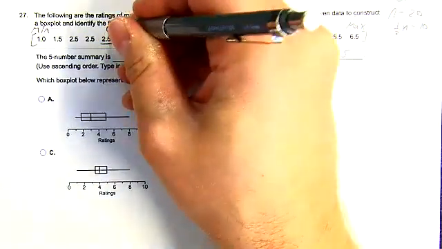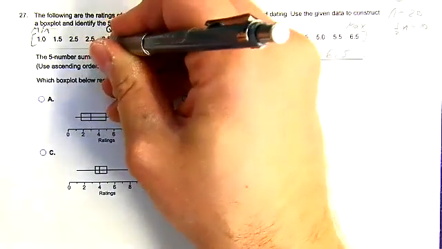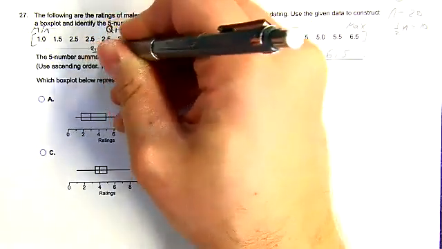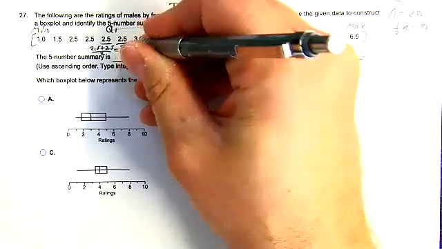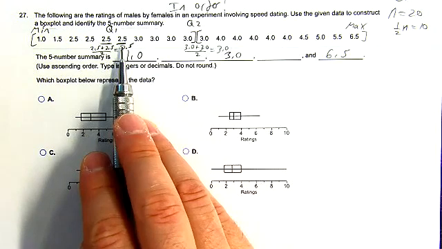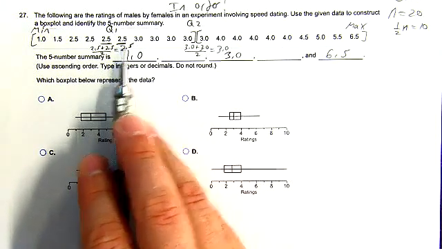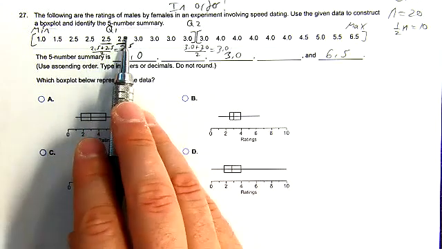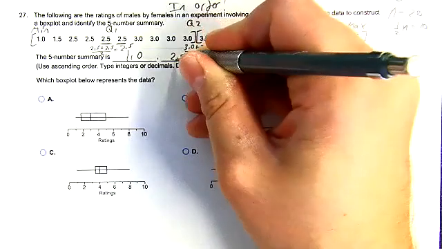So Q1 would be the average of these 2, which is 2.5 plus 2.5 divided by 2, which is 5 divided by 2, which is 2.5. I'm showing this just so if your numbers are different, you can get it. But if the numbers are the same, then what's the answer? The same number, right? But I just want to make sure that you see that if these numbers are different, you have to add them and divide by 2. Q1, 2.5.